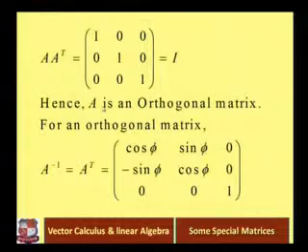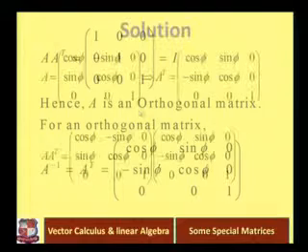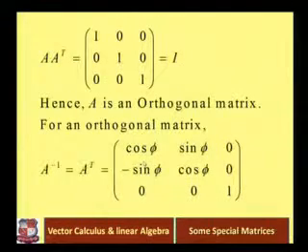So A A transpose is equal to I. So this given matrix A is an orthogonal matrix, and from that we also find A inverse is equal to A transpose. So in this example we see finally how we can find the inverse of the matrix using the orthogonal property.